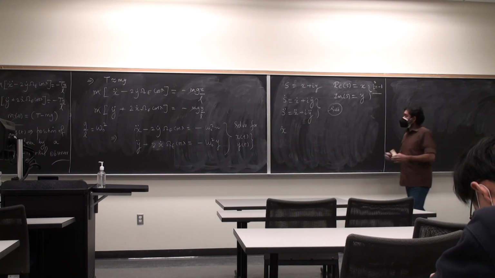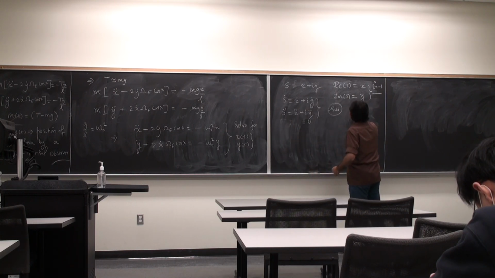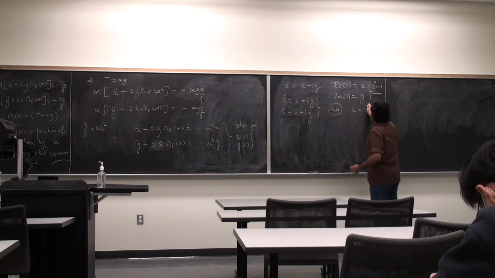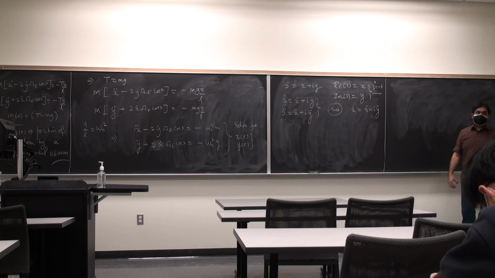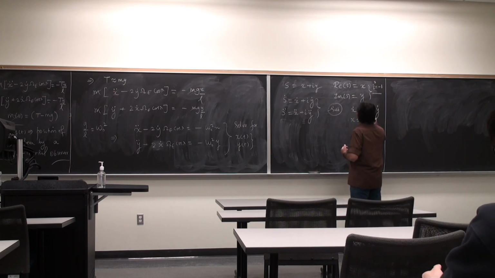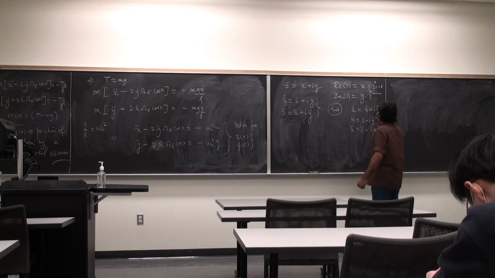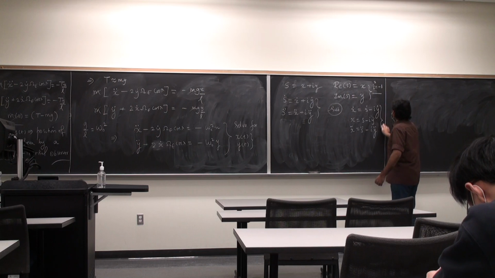Okay, let me do that. That should be more clear. So x dot is s dot minus i y dot. x is s minus i y, and so on. And x double dot is s double dot minus i y double dot. So these are the ones that I'm going to be substituting.